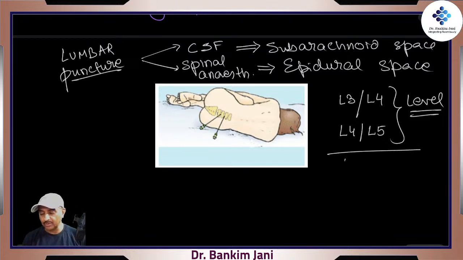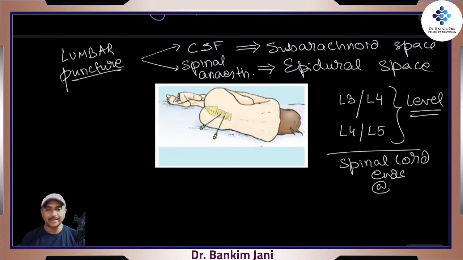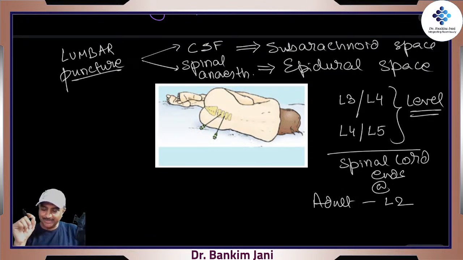Because the spinal cord, we saw that the spinal cord ends at L2. So in an adult, the spinal cord ends at L2. So if you are making a puncture between L3, L4 or L4, L5, then you are sparing the spinal cord. You are not injuring the spinal cord.